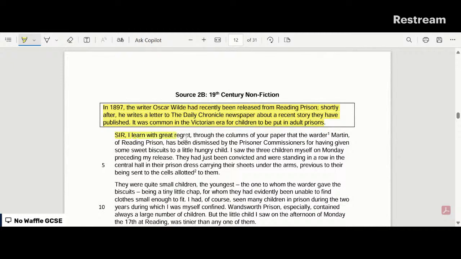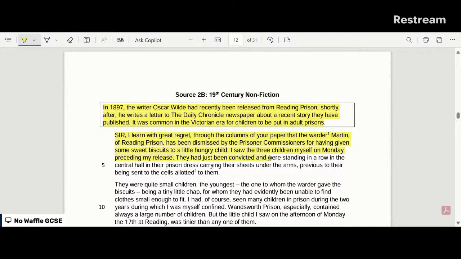Sir, I learn with great regret through the columns of your paper that the warder Martin of Reading Prison has been dismissed by the prisoners' commissioners for having given some sweet biscuits to a little hungry child. I saw the three children myself on Monday preceding my release.